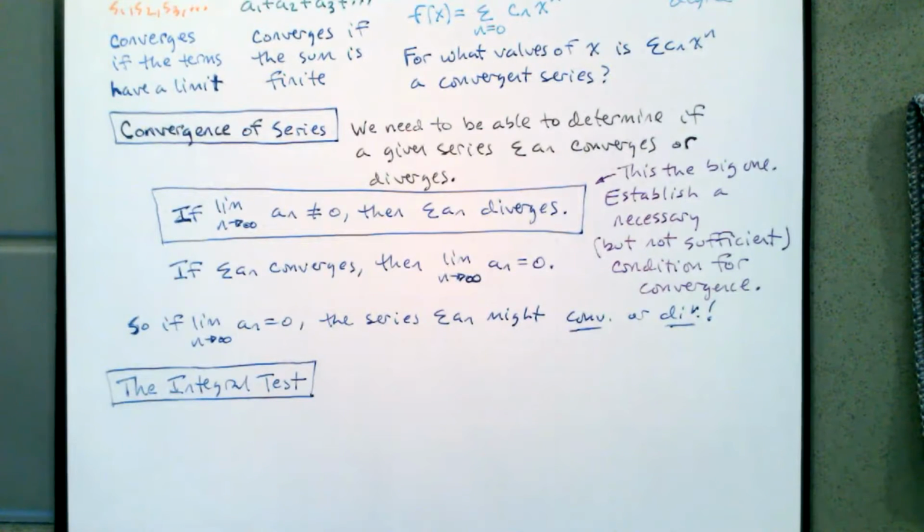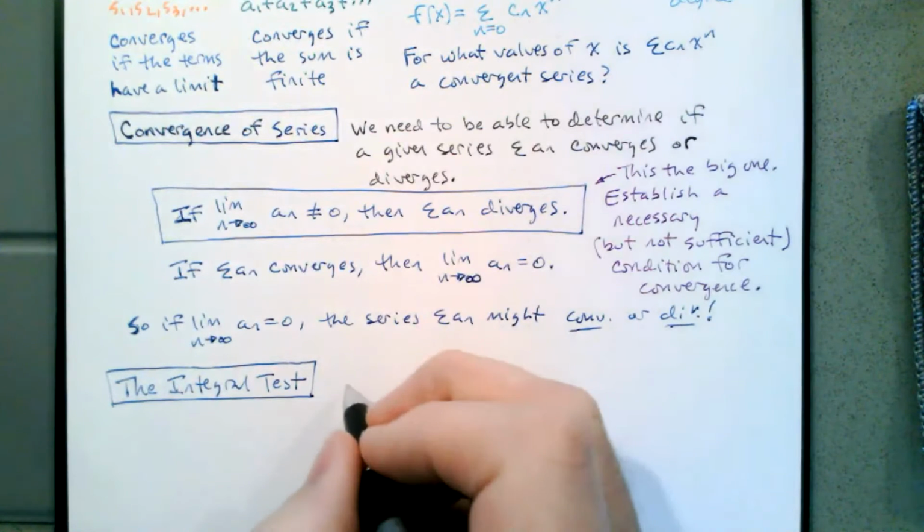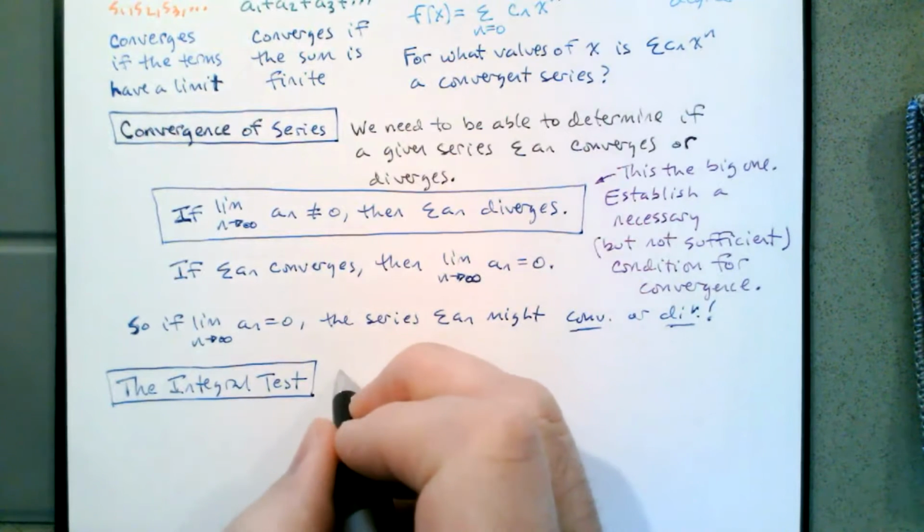Even though a series is a series, it's a function that's being evaluated just at integers. We're going to apply this continuous technique to determine if a series converges or diverges.